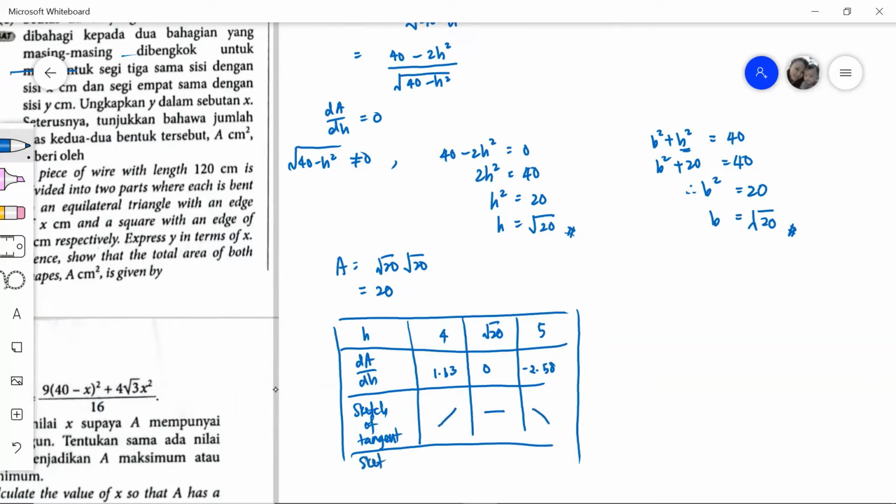Therefore, for the sketch of the graph, we will get a hill-shaped graph. And therefore, we can make a conclusion that A equals 20 is the maximum value. Okay, that is question number B.